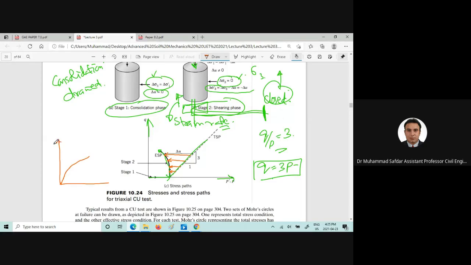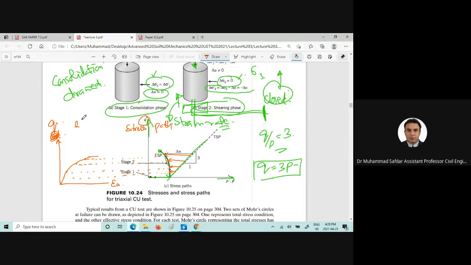For example, this is the sigma T, or Q in terms of here, and this is the epsilon A. So this is the beauty of advanced soil mechanics, that at each particular point we are relating the pore water pressure info, the stress strain behavior as well, and the stress path behavior as well.